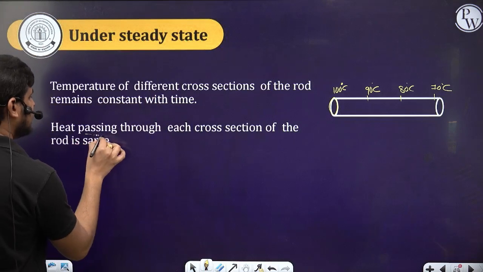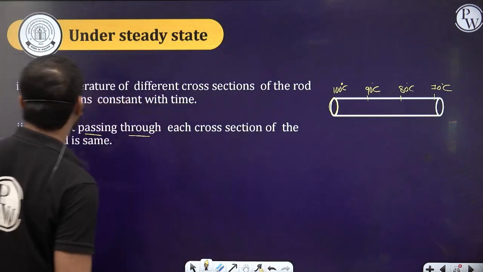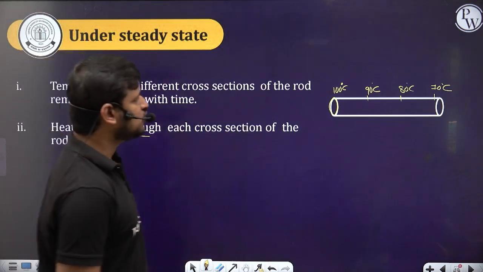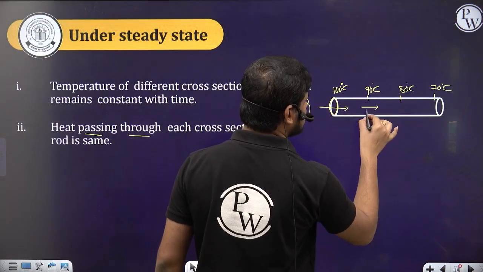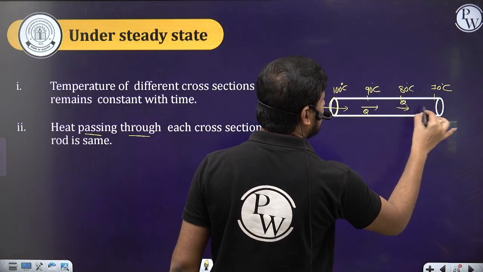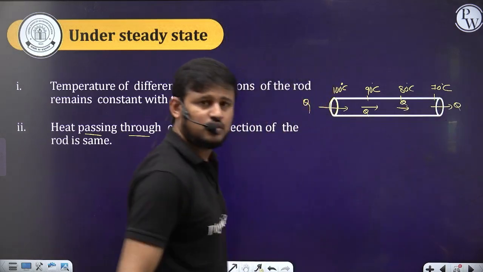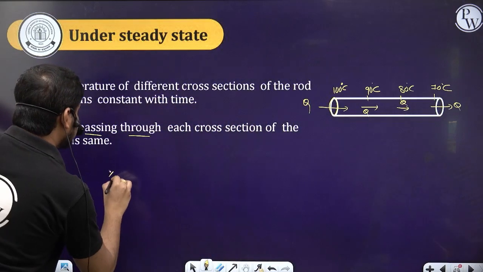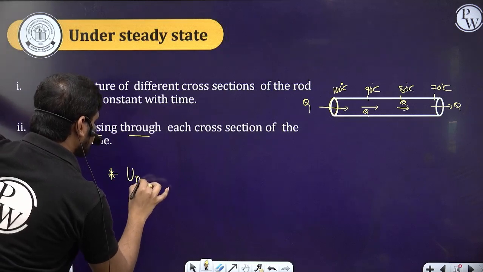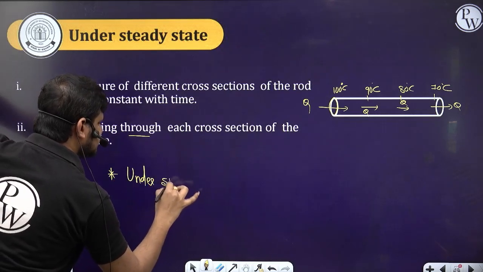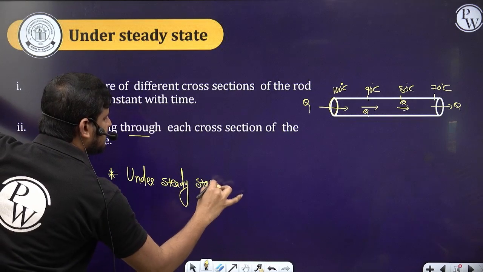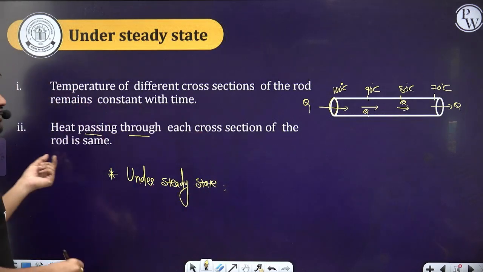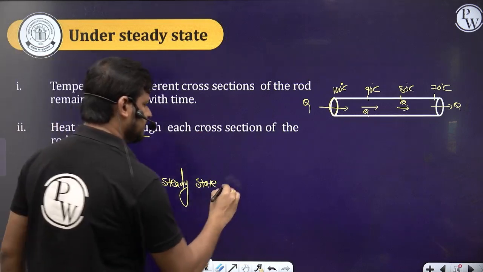And then heat passing through each cross section of the rod is same. So whatever the heat passes from here, let's say heat passes Q, so here Q, so here also Q, here also Q. Okay, so very important. Under steady state, the heat passing through each cross section of the rod is same.